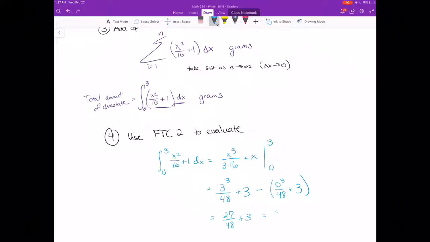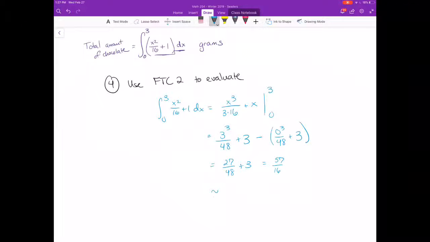And I'm pretty sure if you add that, you'll get 57 over 16. So approximately 3.56 grams of chocolate on this cookie.